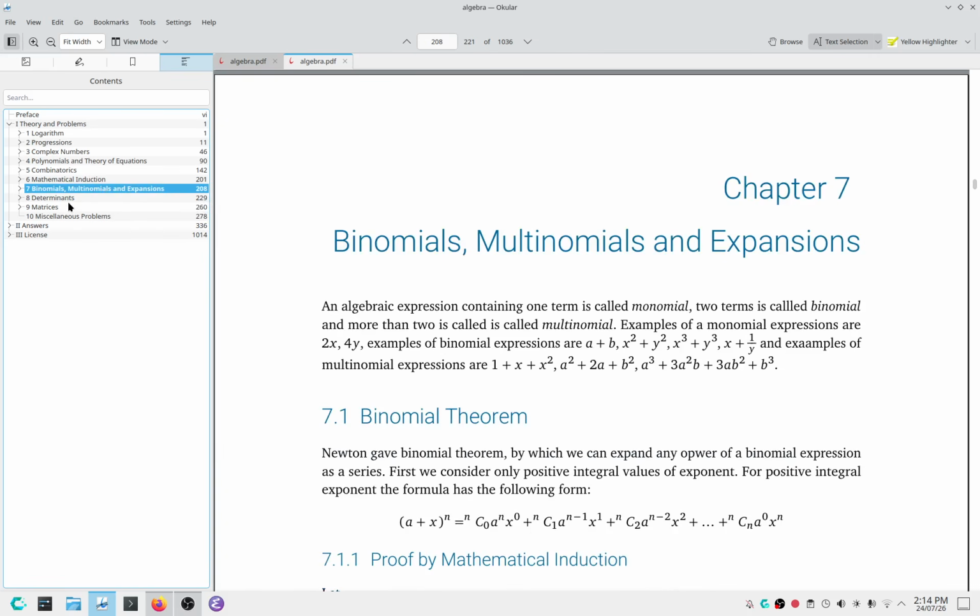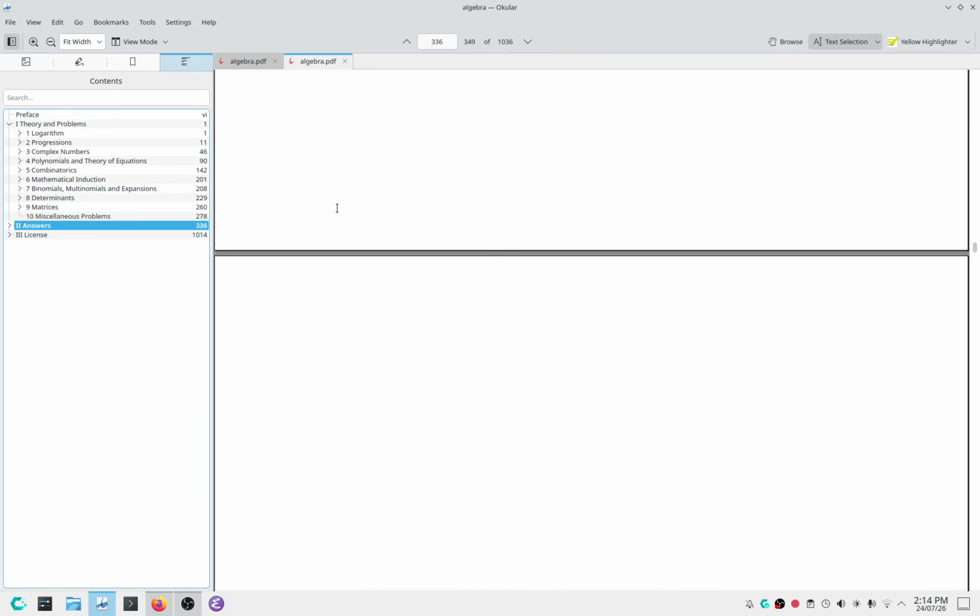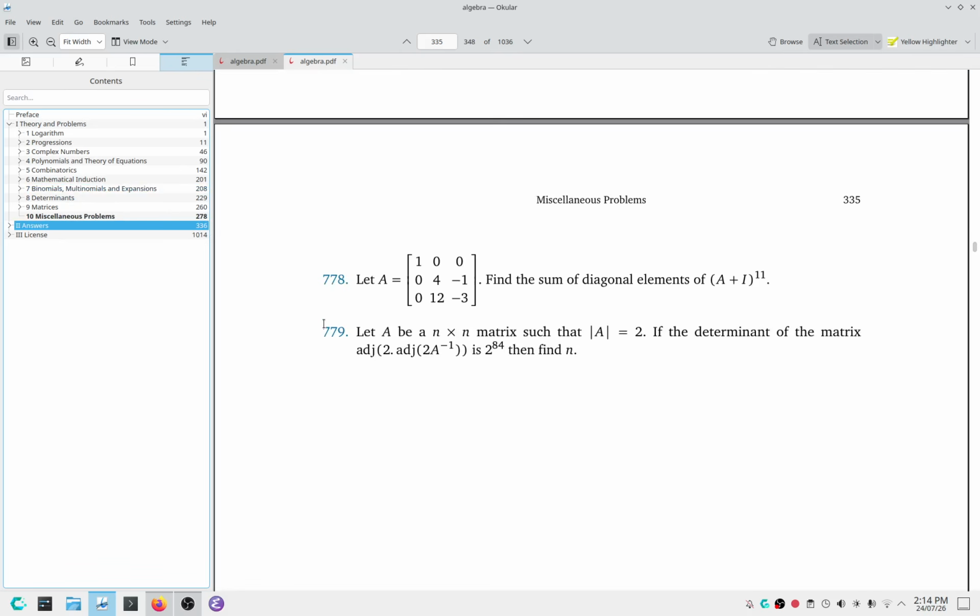After that, we will cover determinants, matrices and miscellaneous problems. It will be a while before we finish, because in the miscellaneous series we have more than 700 questions. It will last quite a while, and you will have plenty of practice.